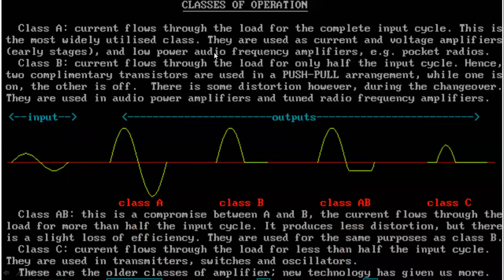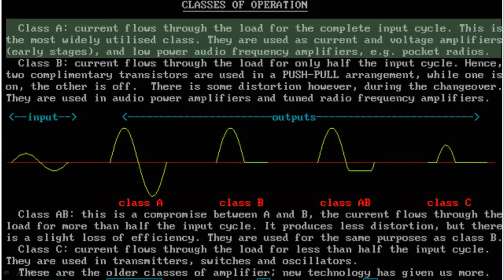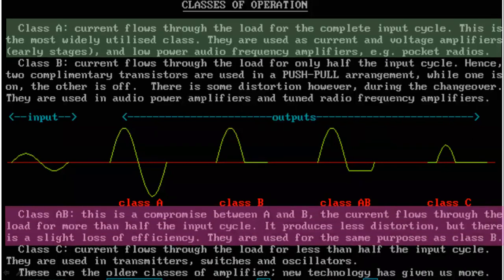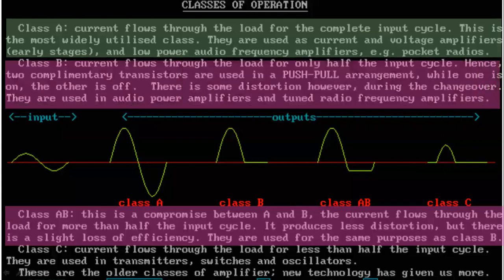Please note down this paragraph, then you can get some idea. This is the definition for the class A. Here you can find the definition for the class AB. Here you can find the definition for the class B. Please note down these things.